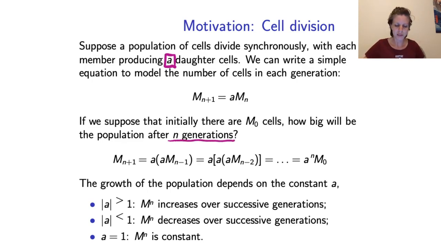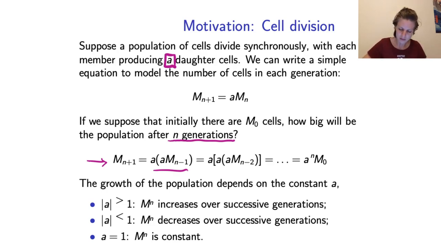We can apply the same thoughts here, and we get that in generation n+1 we are going to have A times A m n minus 1, which is the number of cells that existed in the past generation, and so on.